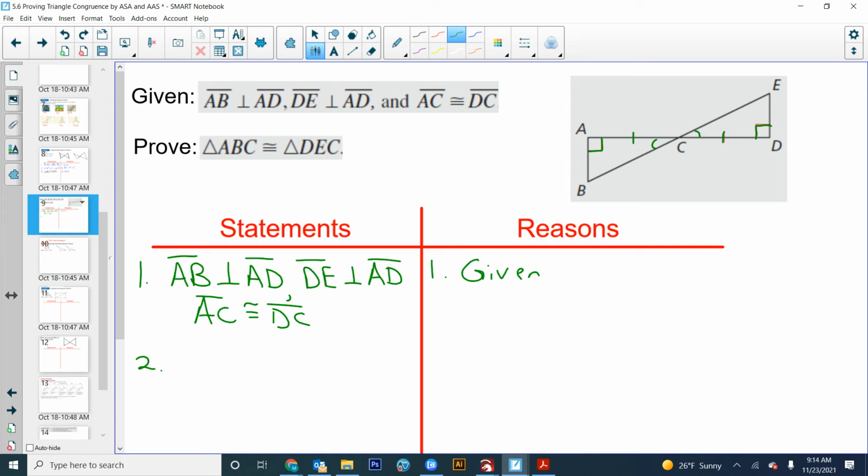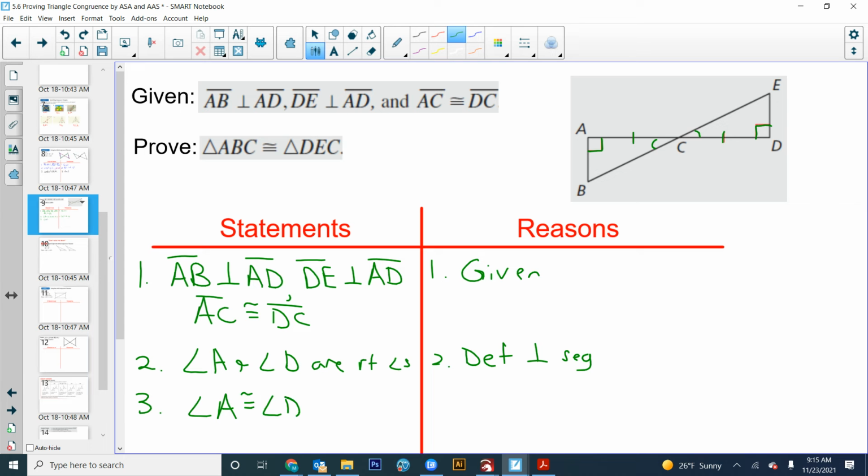Step one, we said that segments were perpendicular. We need to say that they're right angles. Angle A and angle D are right angles. That's the definition of perpendicular segments. And because we're using it in ASA, we need to say angle A is congruent to angle D by the right angle congruence theorem.